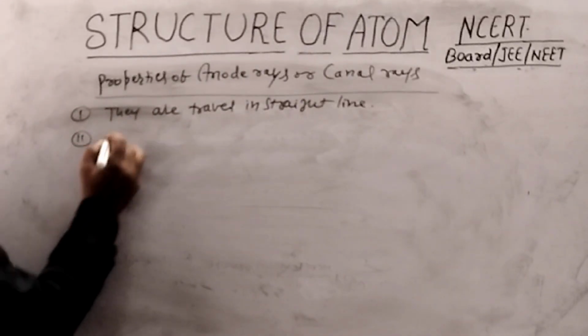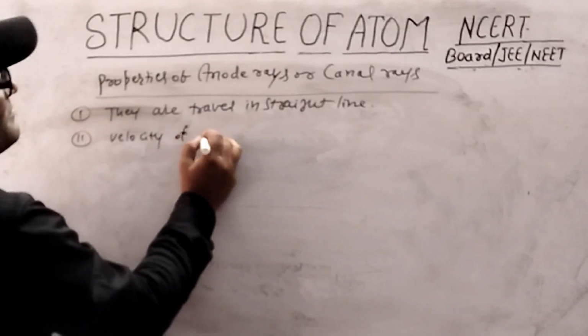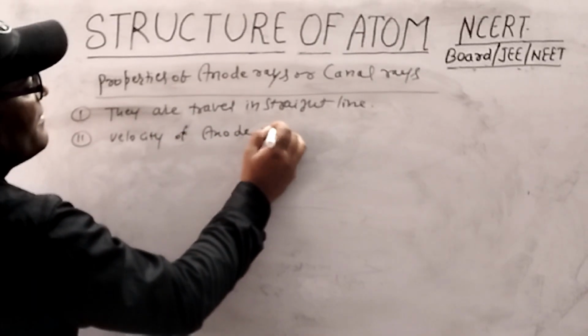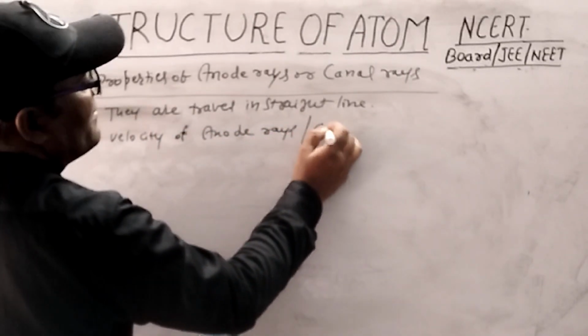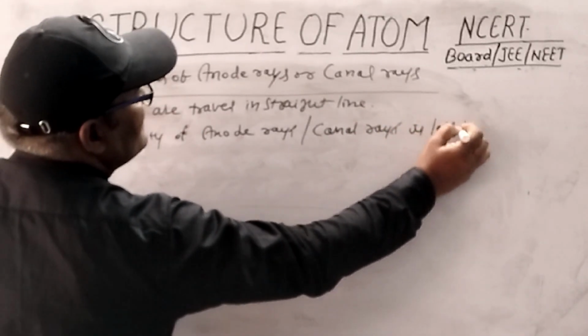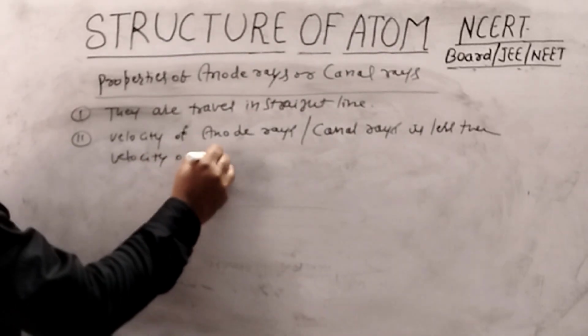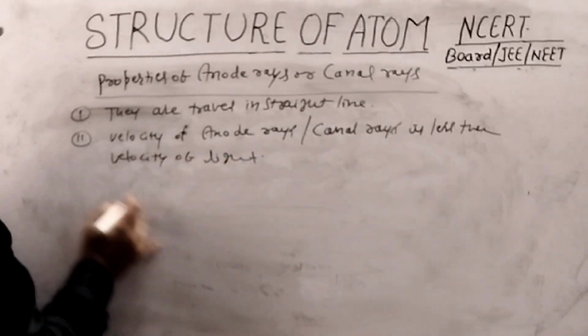The second point is the velocity of anode rays or canal rays is less than the velocity of light.